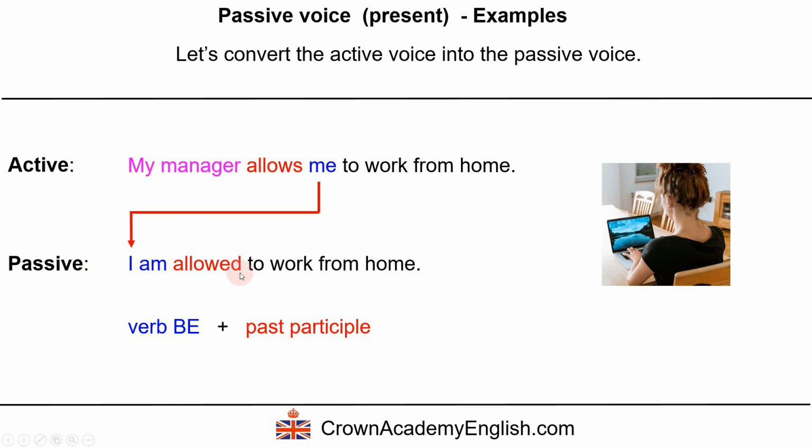I am allowed. And this is a past participle. This is not a past simple form. Okay, it is the same as the past simple, but that is only because it is a regular verb. So it's a coincidence. But you must understand that this is a past participle. Okay, I'm allowed to work from home.